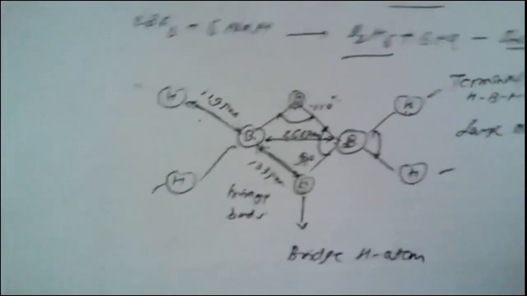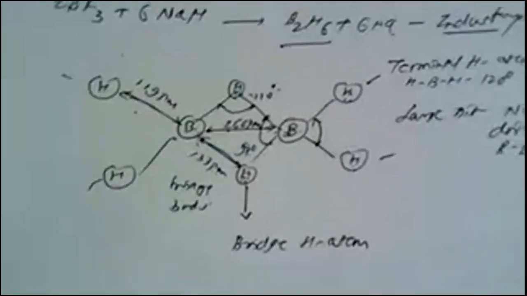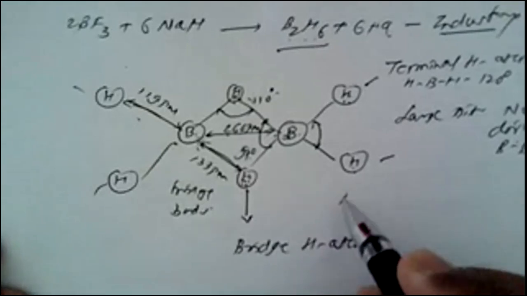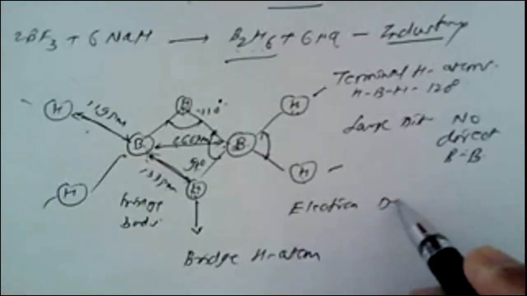Now this structure can be explained in more detail because the structure appears to be very simple, but this species is an electron deficient species.